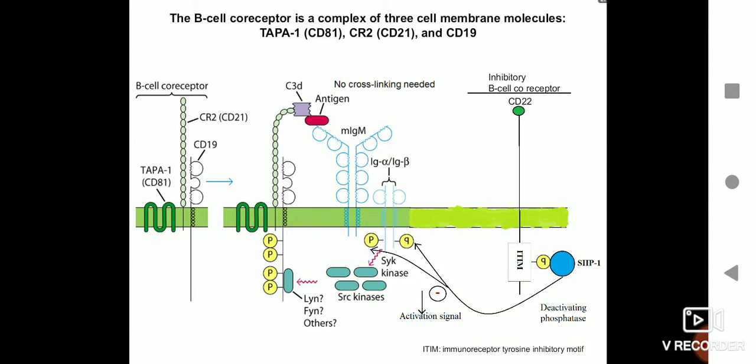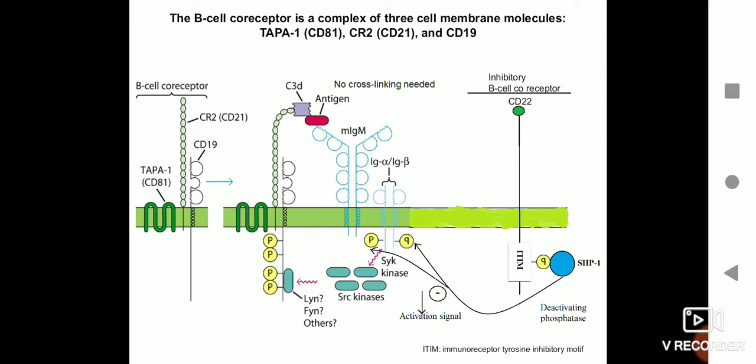How do they function? This B cell co-receptor molecule CR2 or CD21 has the ability to bind to a complement protein called C3d. C3d, when it binds to CR2 or CD21, will help in binding of this B cell co-receptor to the antigen which is bound to the B cell receptor.